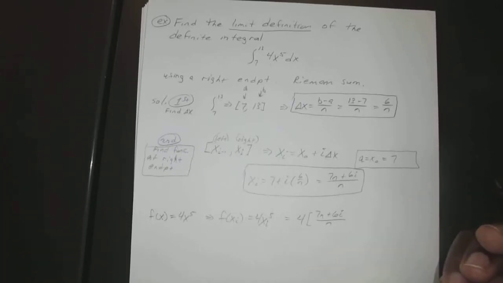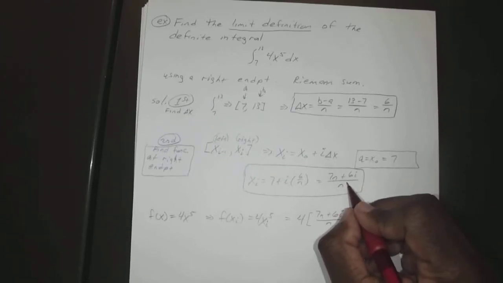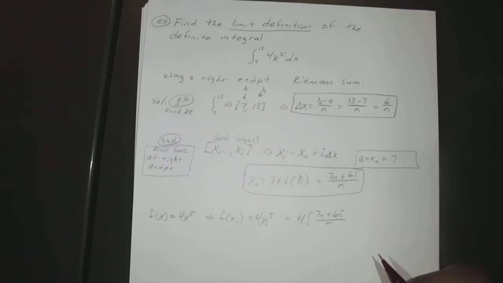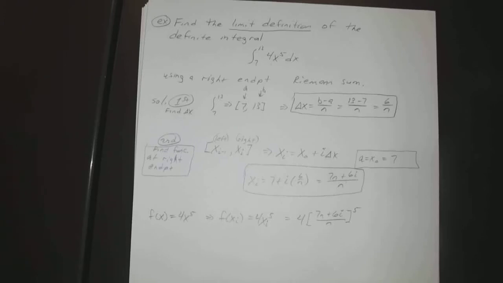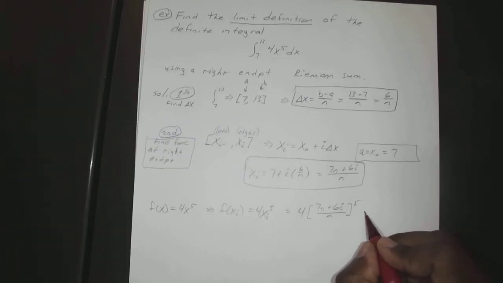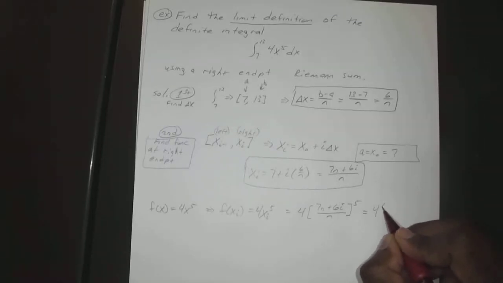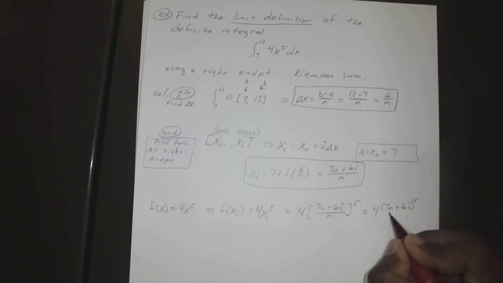Actually, I didn't apply the 5th yet, so now we apply the 5th: 4 times 7n plus 6i to the 5th over n to the 5th.